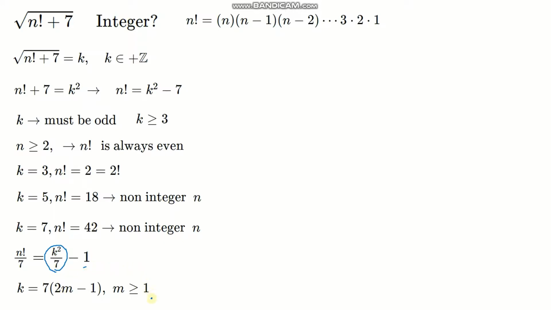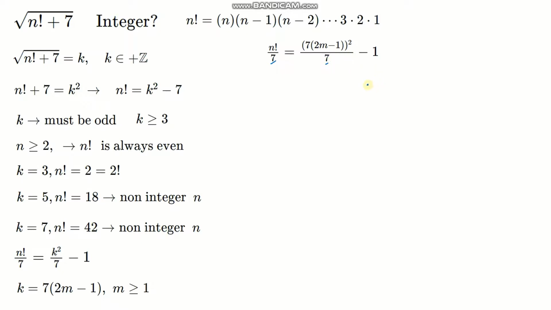To make the right hand side even and an integer, k must be in the form of 7 times 2m minus 1, and m is greater than or equal to 1. Now substitute the value of k: n factorial over 7 equals 7 times 2m minus 1 squared, all over 7, minus 1.